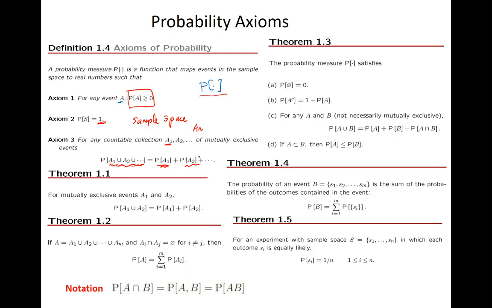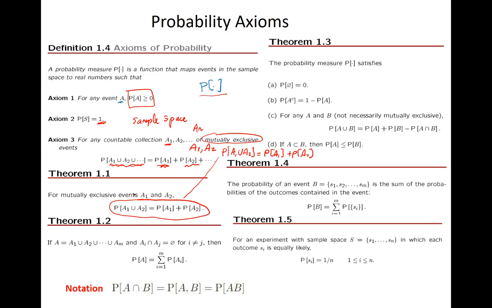Okay? For example, if I have A1 and A2 mutually exclusive events, then probability of A1 union A2 is probability of A1 plus probability of A2. So, since these two events are mutually exclusive, then the intersection of these events will be 0. This is simply theorem 1-1.